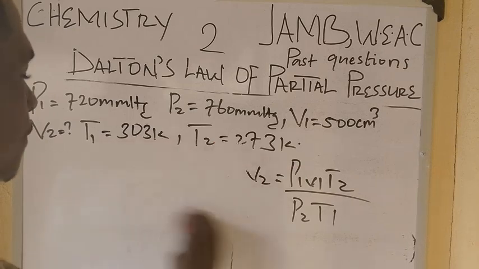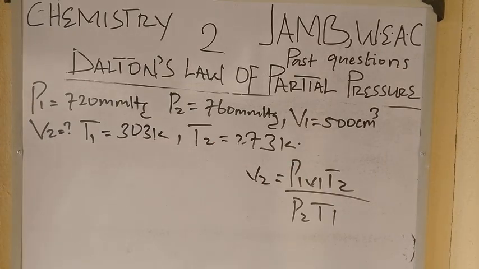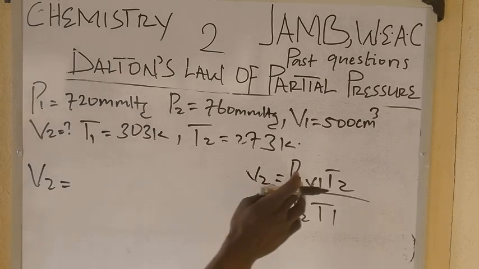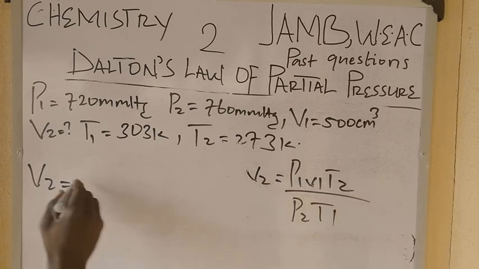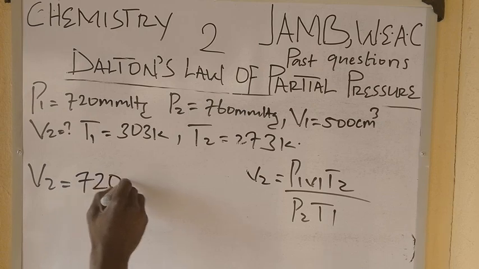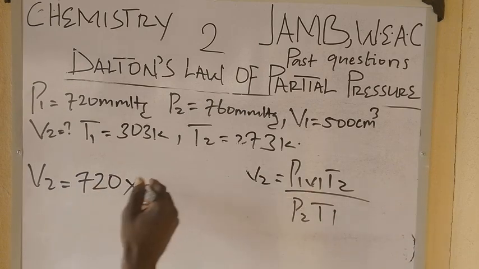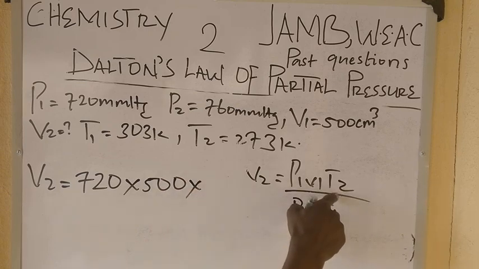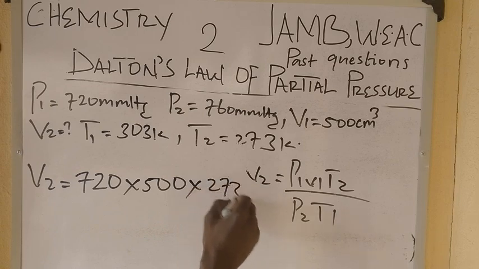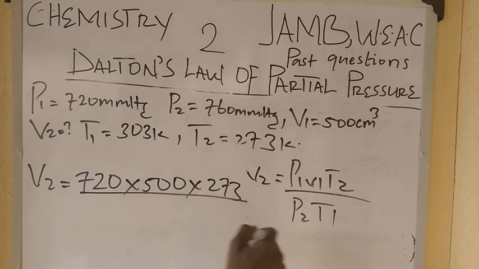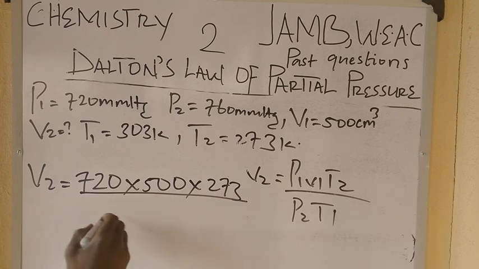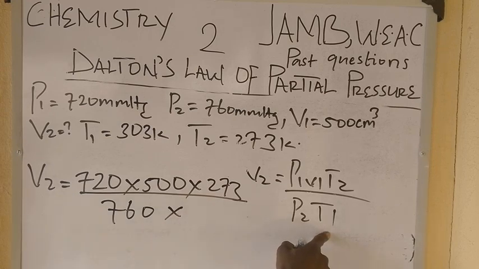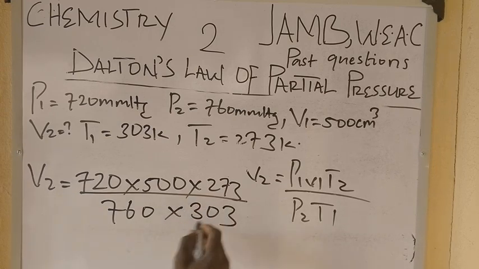So therefore V2 will be equal to, what is P1? P1 is equal to 720, times what is V1? 500, times what is T2? 273, all over what is P2? 760, times what is T1? 303.